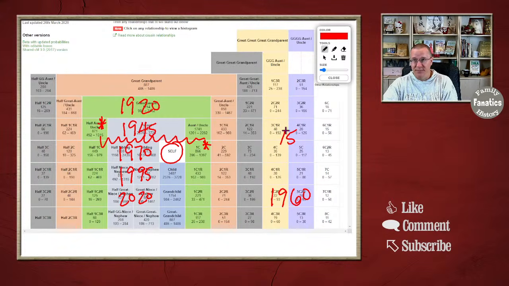On the other hand, if we go back one generation to 1920, to 1960 is 40 years old. Now, it's on the upper end, but it's not at the extreme upper end. And particularly if people were having multiple kids throughout their life in that time frame, then that 40 years old might fit right where that half aunt is. So you have an extreme case where, hey, that 15 years might be where that first cousin is, but a more logical case to be made of where that half aunt is.